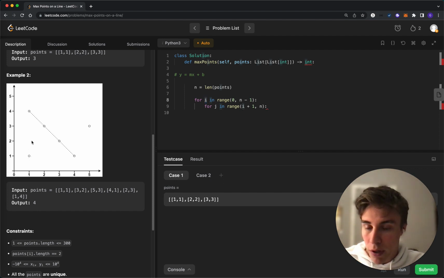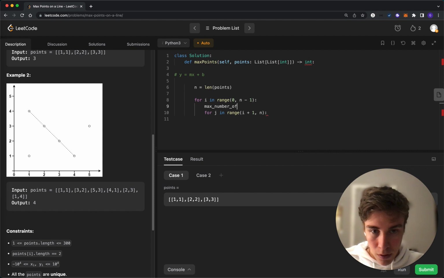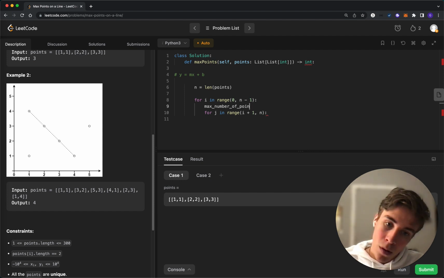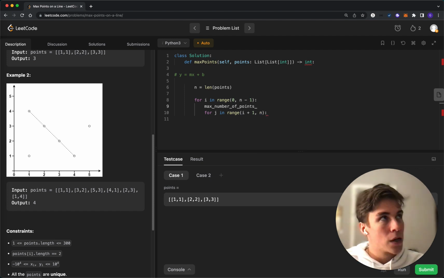So for each point, essentially, I'm going to find the maximum number of points that exist for some slope. Something like this: maximum number of points on a line. It's just going to be a dictionary.